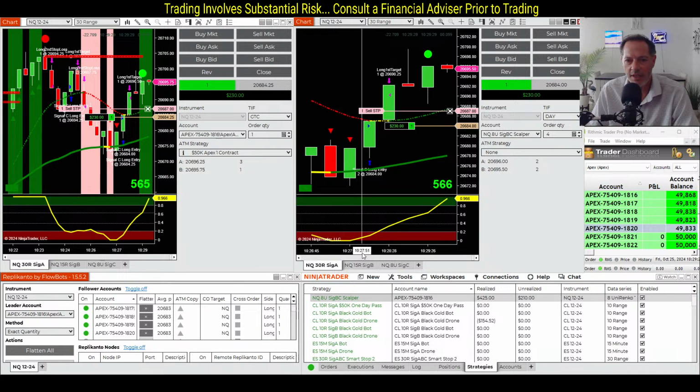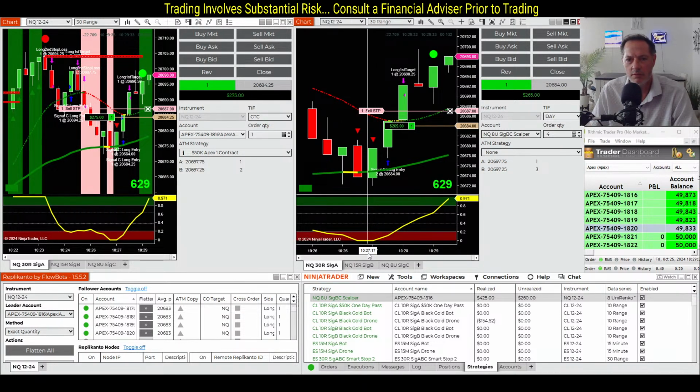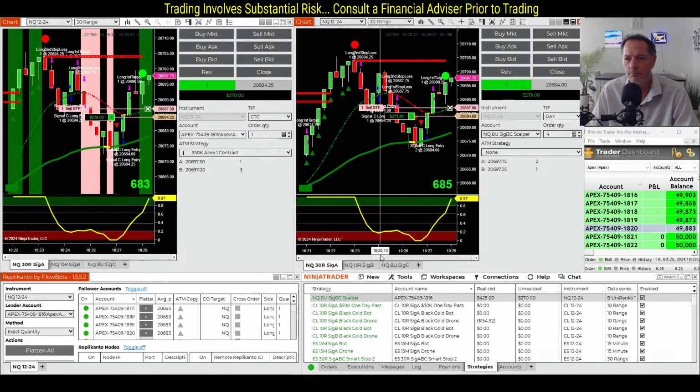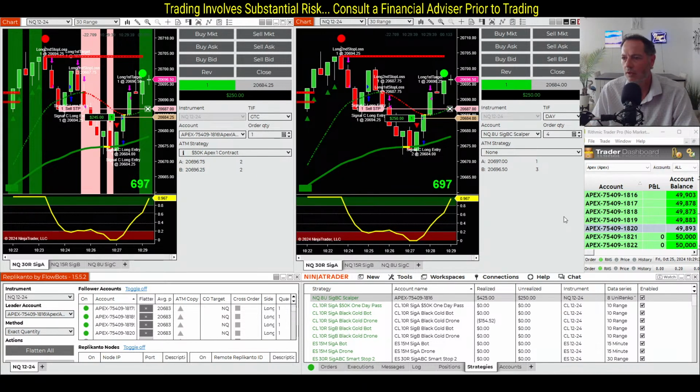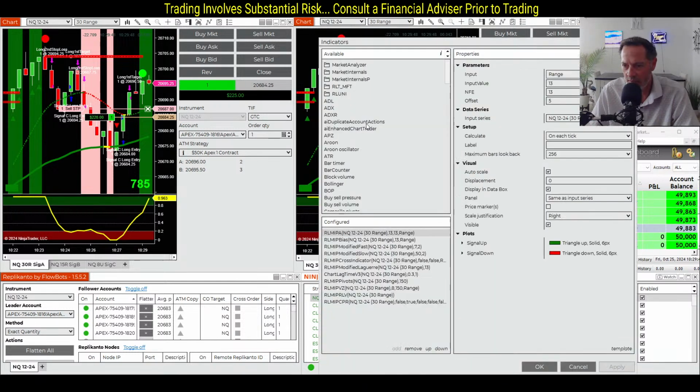Okay, that's the good guy candle. That's the bullish engulfing right there. So you're looking at identical charts. You're looking at a 30 range chart on both screens. Let me add the indicator back here, our bias indicator. So all this we leave flexible for you.